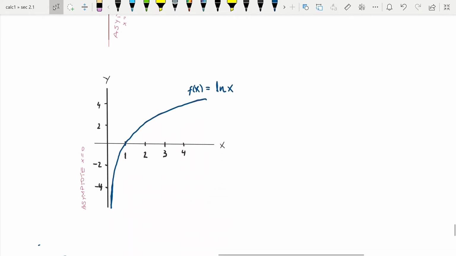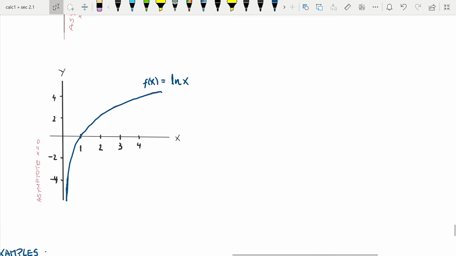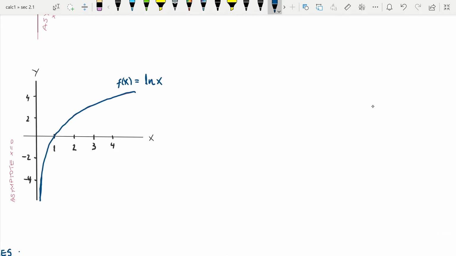Now we have an example of a function that is not even defined for negative numbers. So here f is not defined for x less than or equal to 0.